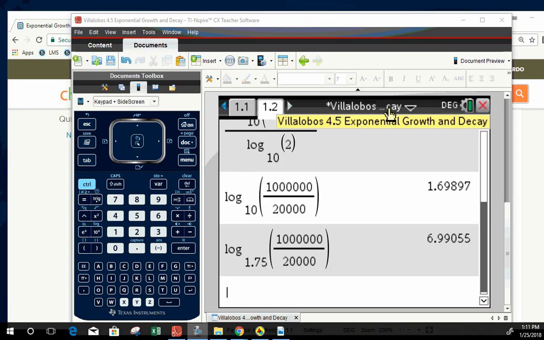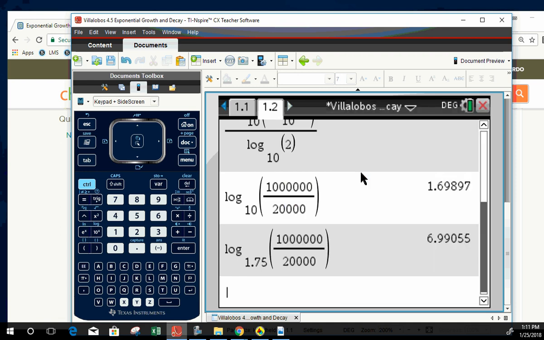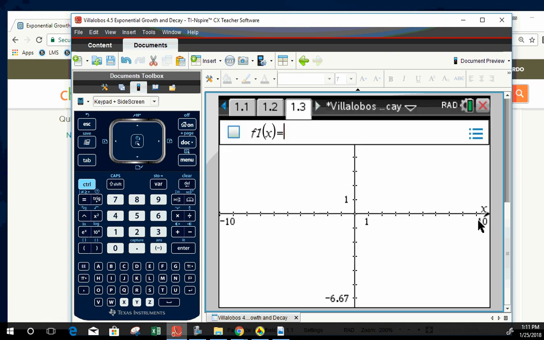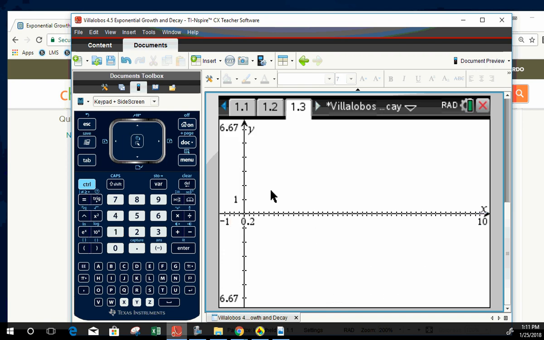Graphically, we can insert a graph. I know that Y goes to a million, 1, 2, 3, 4, 5, 6.